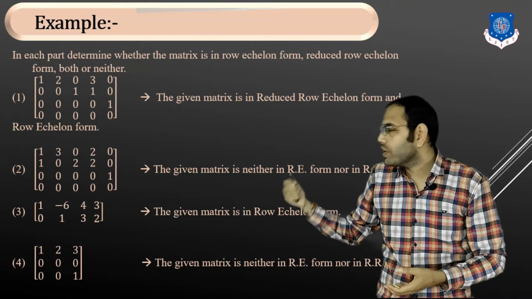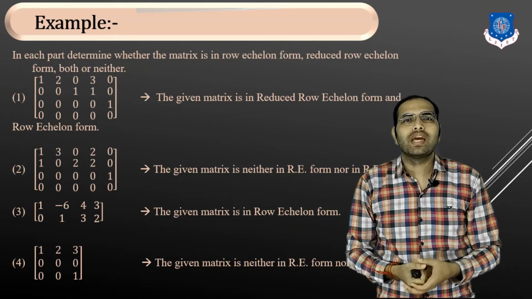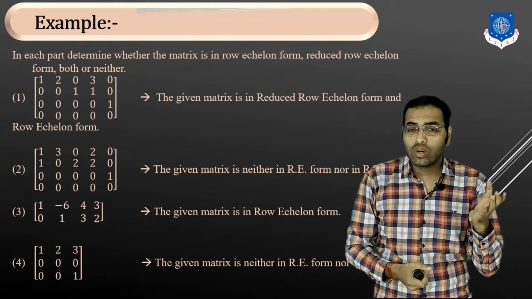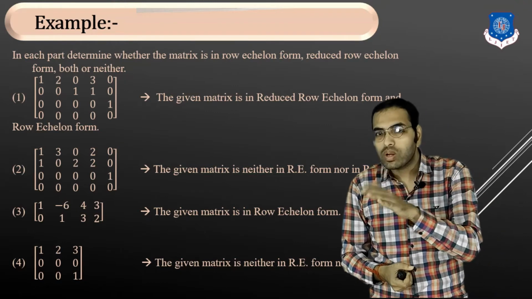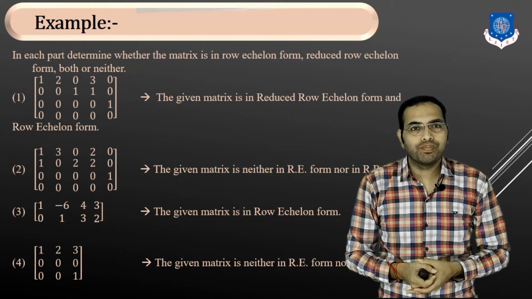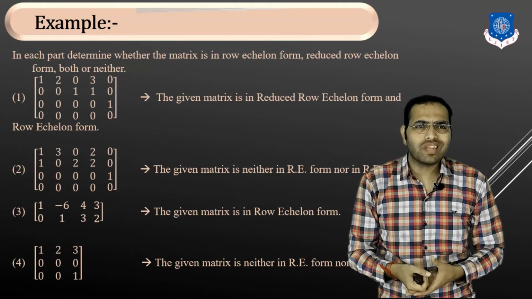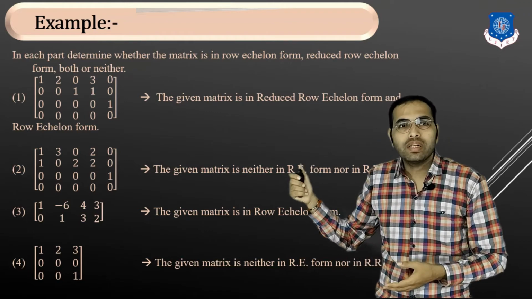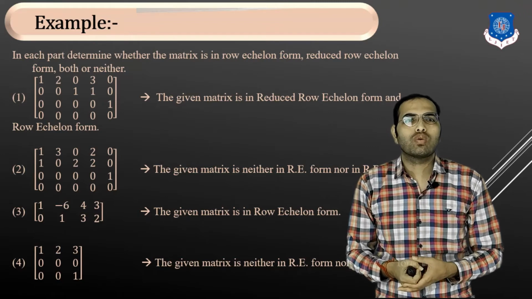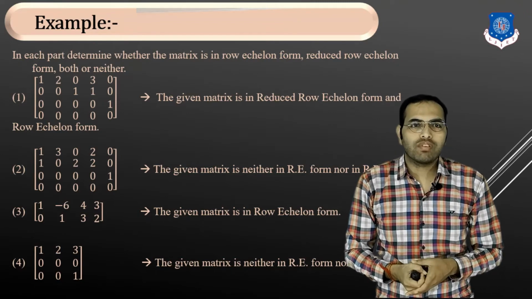That means the given matrix is in reduced row echelon form and also in row echelon form. Every reduced row echelon form is a row echelon form, but the converse is not true.